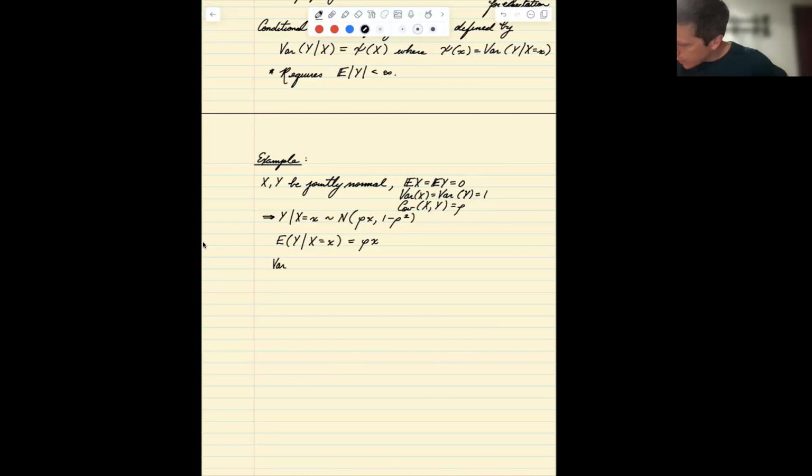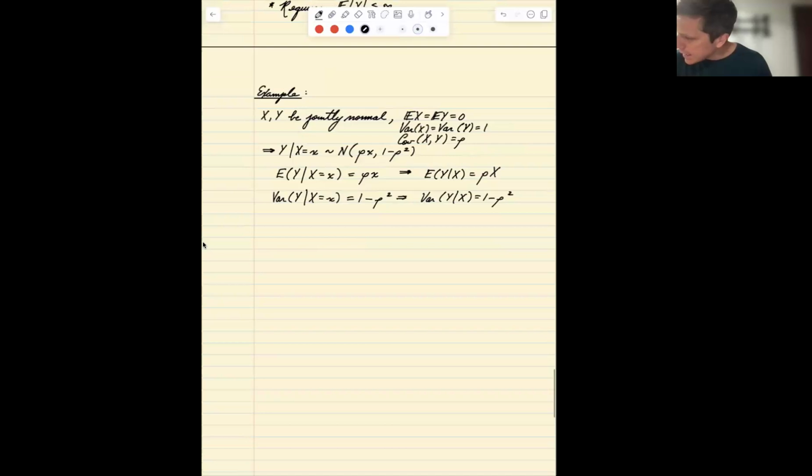The conditional variance of y given X equal to little x is 1 minus rho squared. And then the conditional expectation of y given X is the transformation rho times the random variable X. The conditional variance of y given X is just the constant random variable 1 minus rho squared.